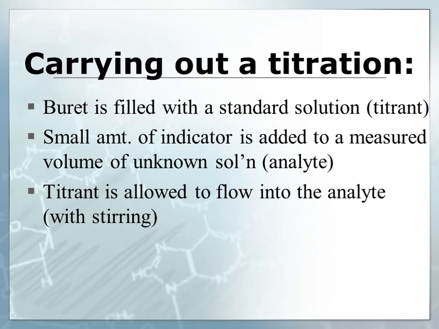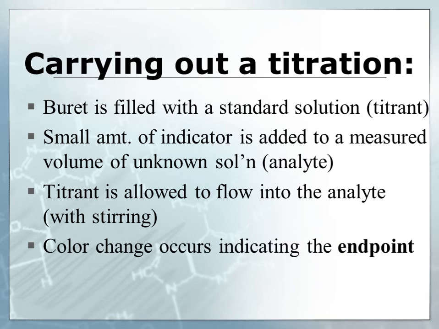Once you have your analyte prepared, then you carefully allow some of the titrant to flow into the analyte by opening the stopcock. Usually you go in small increments, add a little bit, stop it, stir. The key with titrations is you want there to be constant agitation. You want to be constantly swirling so that you can detect exactly when you've hit the end point.